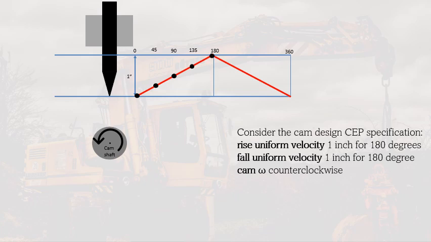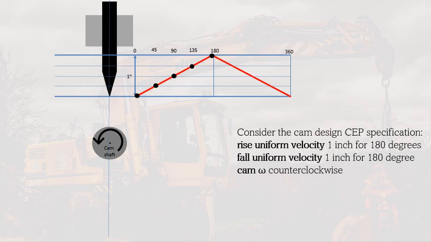These are the intersections of these divisions of angles here, the displacement, as well as this motion. We are going to project this in our follower by drawing a horizontal line through the follower. So we were able to draw the displacement diagram for half of the cycle.